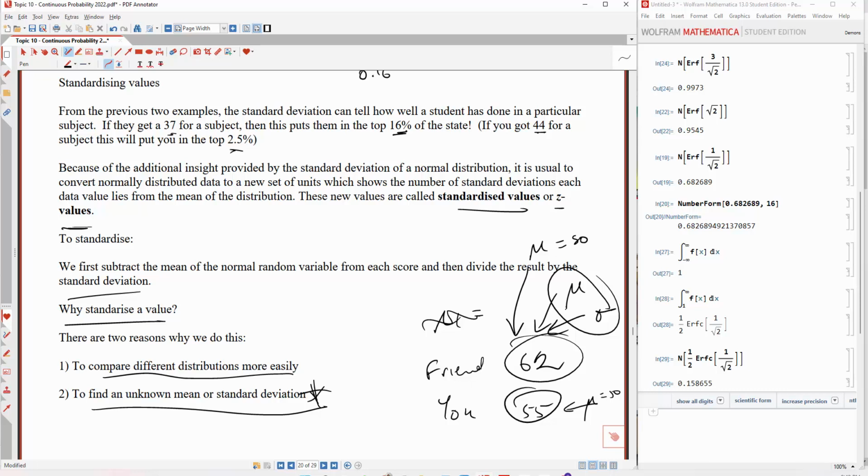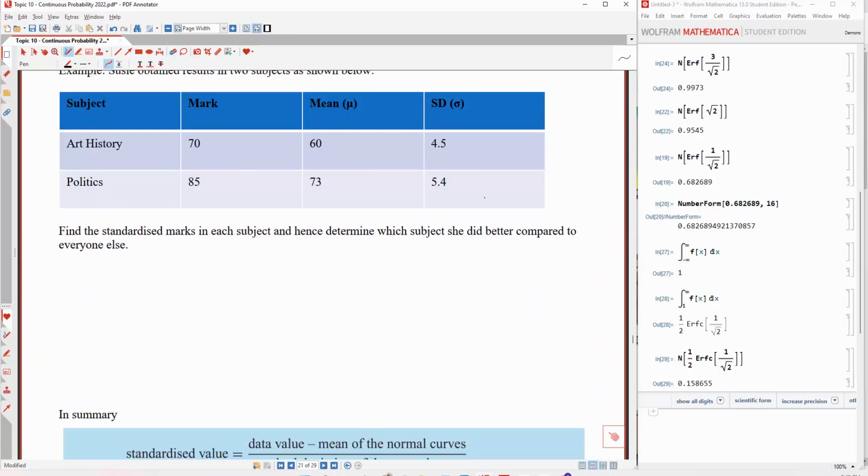So the mean and the standard deviation help us work out how these scores compare to the center, and the standard deviation helps us compare the spread, so how widely spread the values were. Let's try it out.